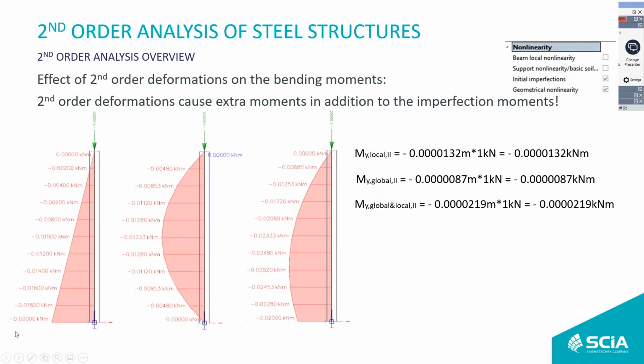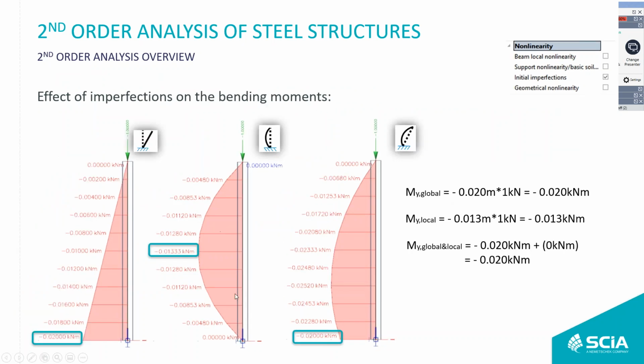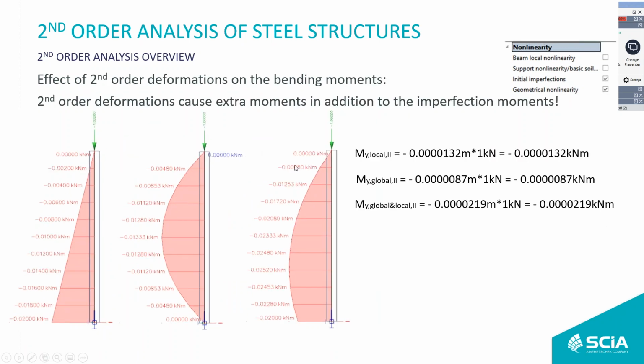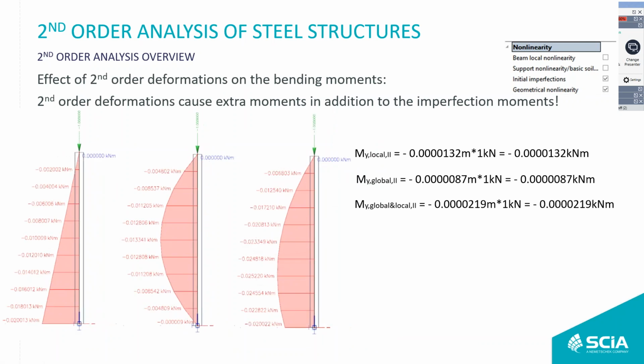Here we visualize the moments you get due to those extra deformations. If you add those to the previous ones, from your initial imperfections, those are the extra moments you get due to second order analysis compared with the first order analysis. They are all added up, and it's explained here.